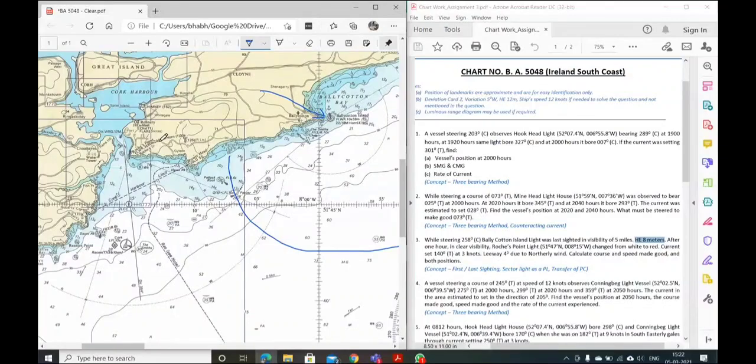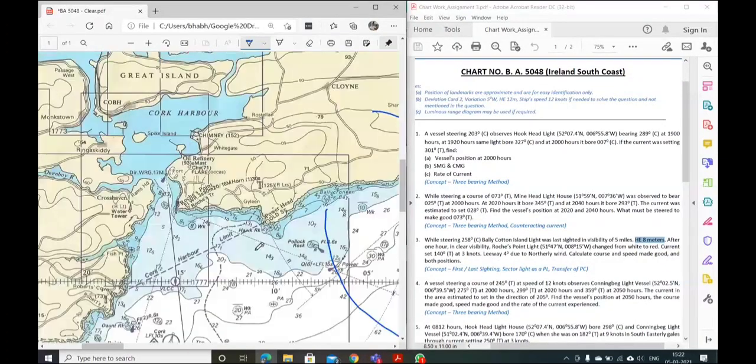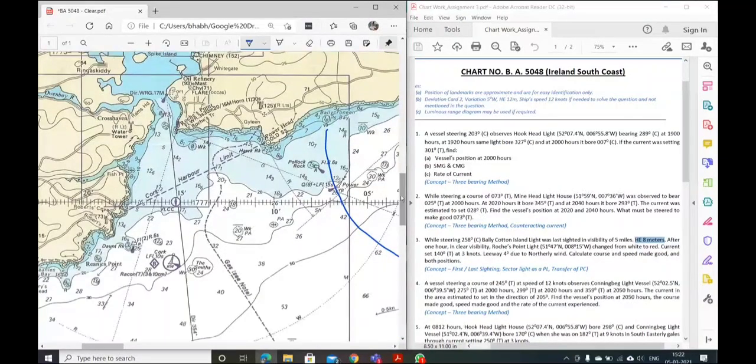Okay, I'm zooming into the slide. So you can see this is the Roche's point light on the chart. And the question says that after 1 hour in clear visibility, Roche's point light changed from white to red.